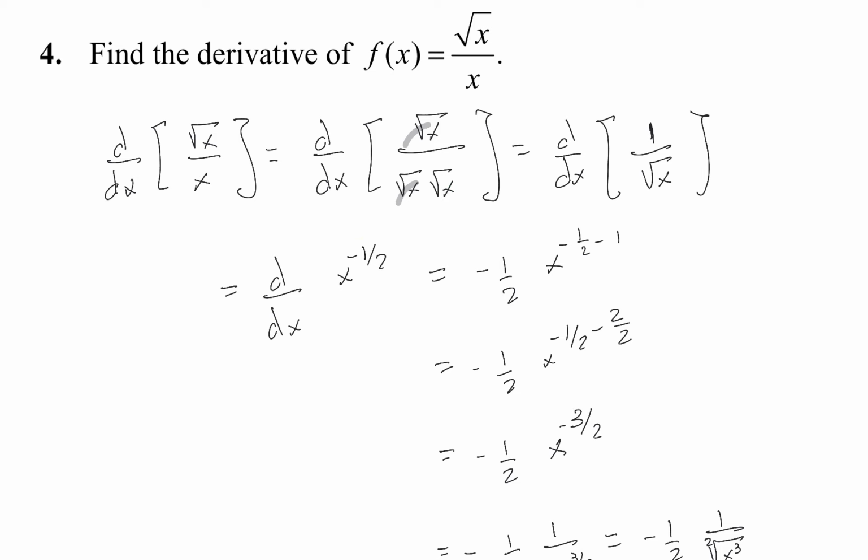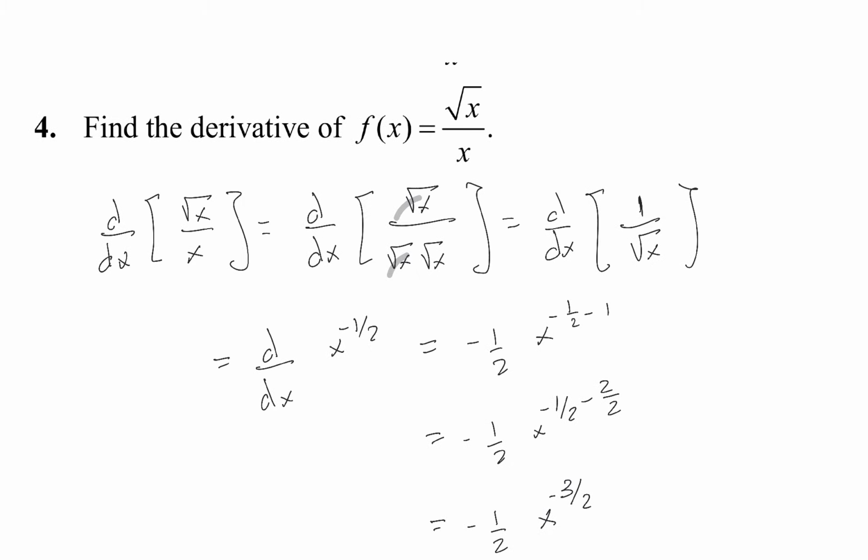So one will cancel with the other, so it will be the derivative of 1 divided by the square root of x. The other thing you can do is to write this as x to the 1/2 divided by x to the 1. And this is x to the 1/2 minus 1, which is x to the exponent minus 1/2.